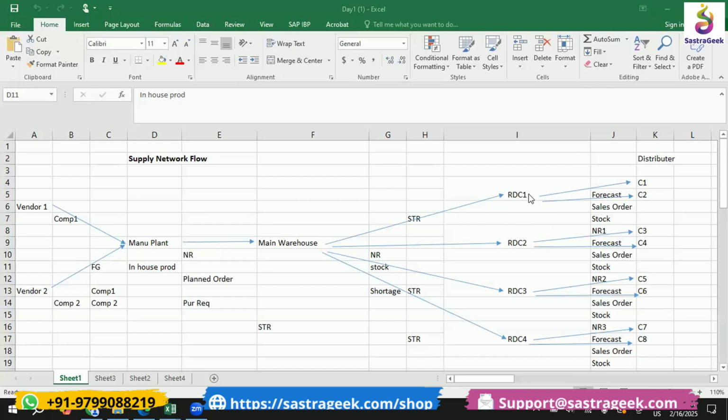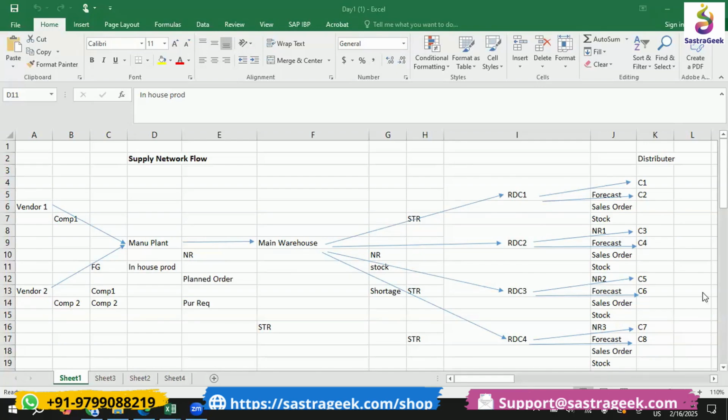We call it RDC1. That distribution center would ship the goods to the customers closer to the eastern part of India. Right? So you will see customers are tagged to specific preferred shipping warehouses. Similarly, C3 and C4 are near RDC2 and so on.